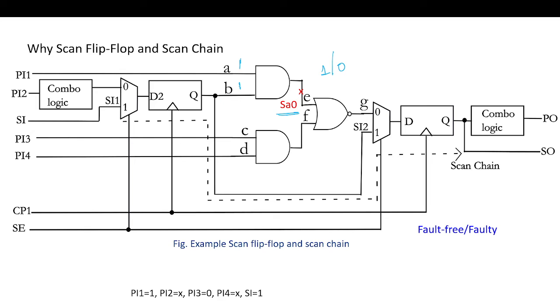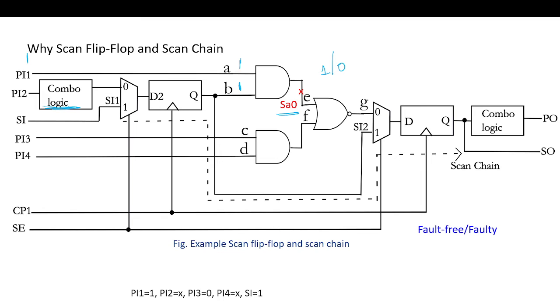Now if this is coming in from some deep combo logic, setting this node value to 1 is the difficulty, and the effort will increase. To measure such efforts, we have a metric called scope analysis, which tells how difficult a node is going to be for controlling as well as observing.